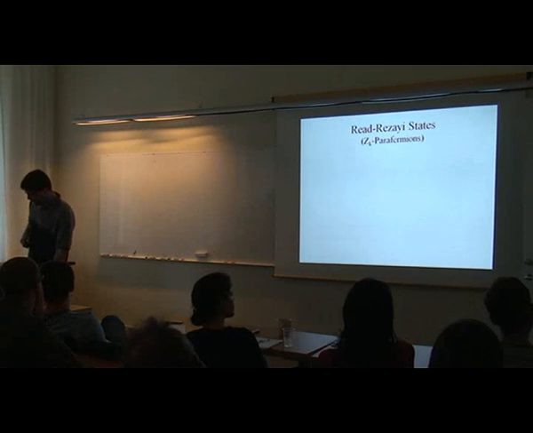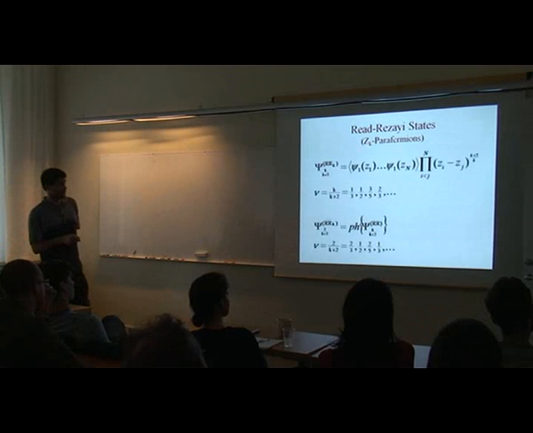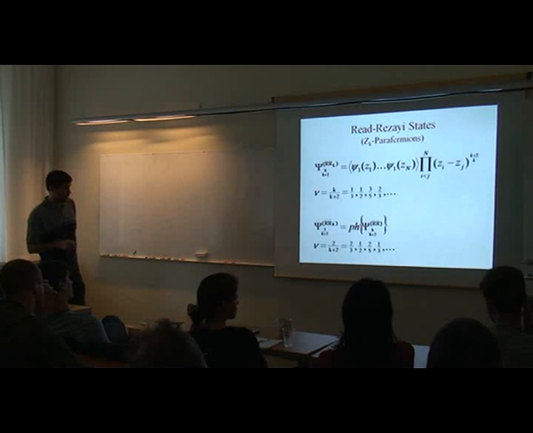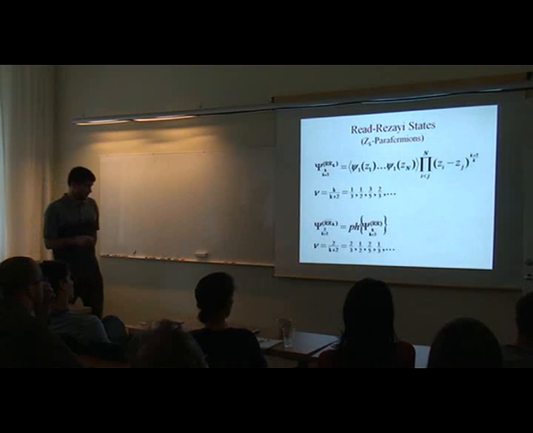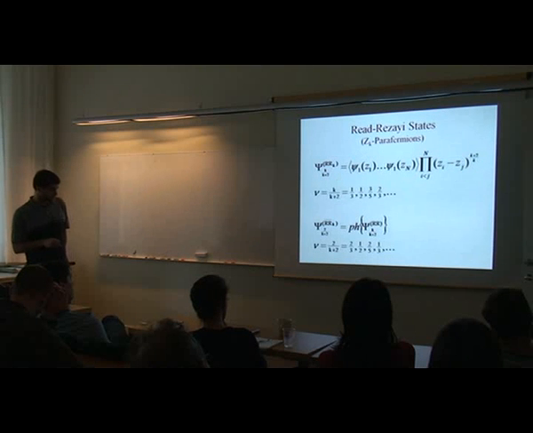Now, of course, we also should all be more or less familiar with the Read-Rezayi states, which are the Z_k parafermions. And here we form states by ascribing a parafermionic field to the electrons, and then just forming the natural states you get by putting on Jastrow factors that give you the appropriate statistics for the electrons.